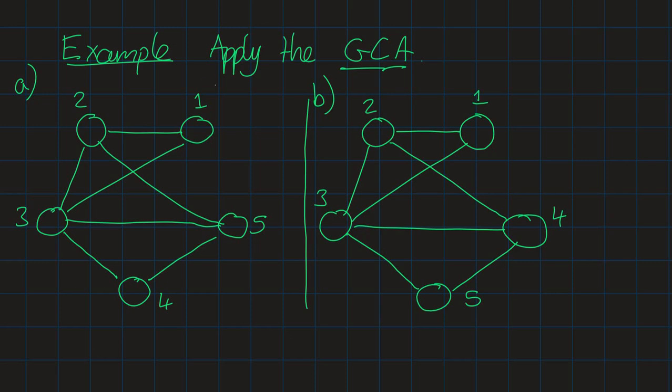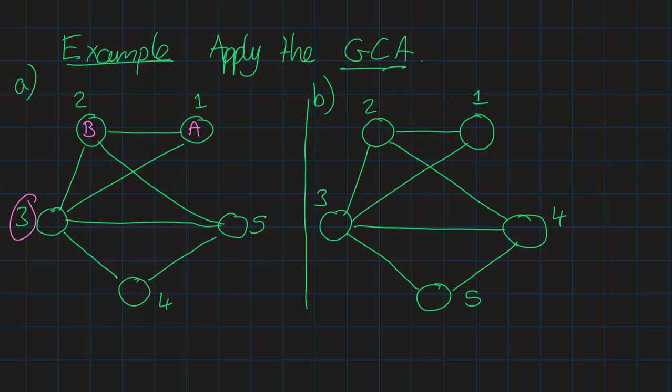So you colour the number 1 vertex with the first color, which is A. Then you color number 2 with the least color permissible. Well, you can't color it A because it's already connected to an A. So you have to color it B, because B is the next smallest color.